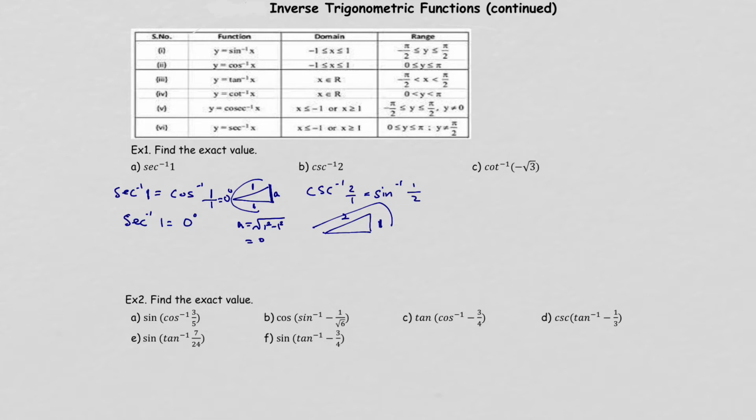So the height is 1 and the hypotenuse is 2. So your B should be the square root of 2 squared minus 1 squared. That gives you the square root of 3. This is very familiar to us. We know this is going to be pi over 6, or 30 degrees.